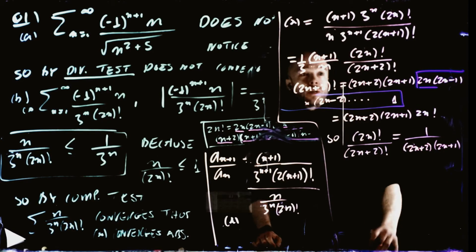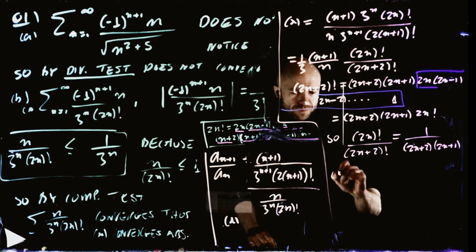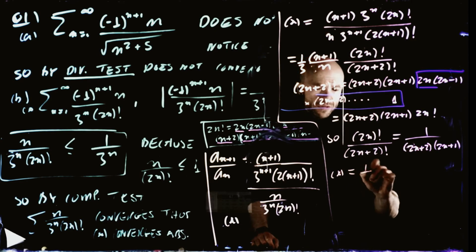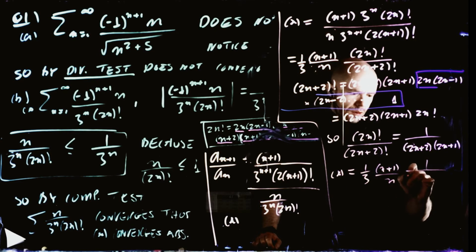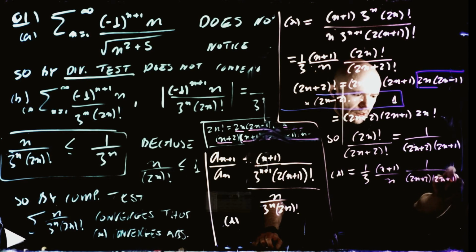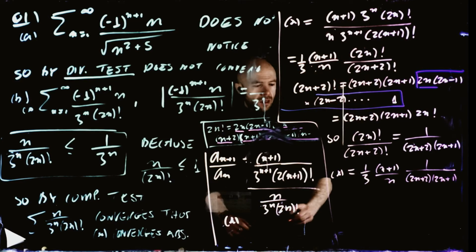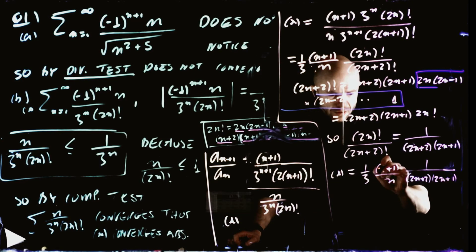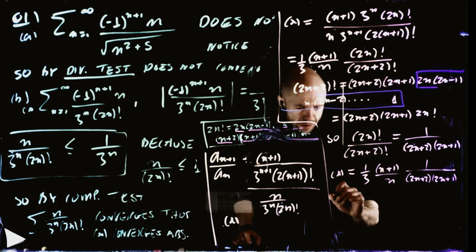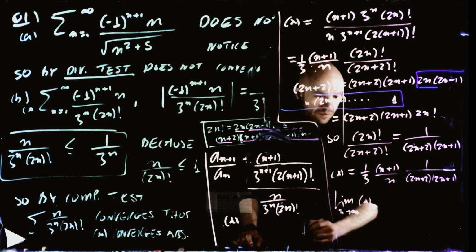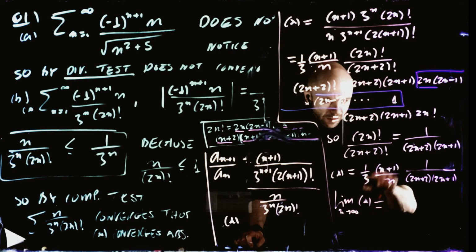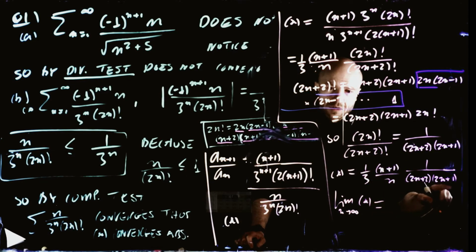So this thing, star, becomes 1 over 3, n plus 1 over n, over 2n plus 2, 2n plus 1. I think this is how the solution was done in the book, in the notes. And we take the limit of this. The limit as n goes to infinity of star is just going to be 1 over 3. This thing tends to 1, and this thing tends to 0. So the limit will be 0.